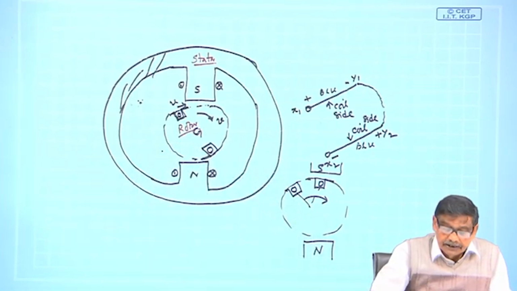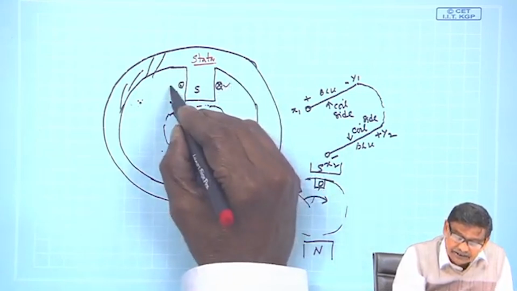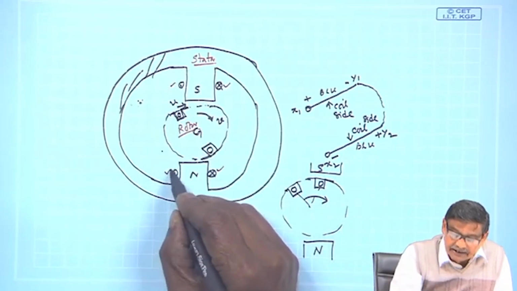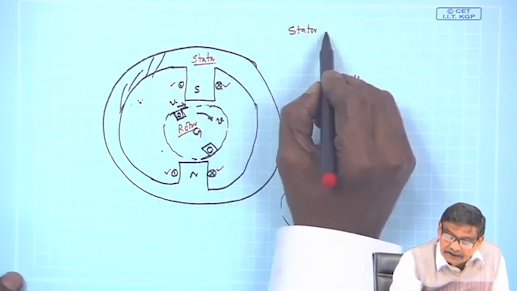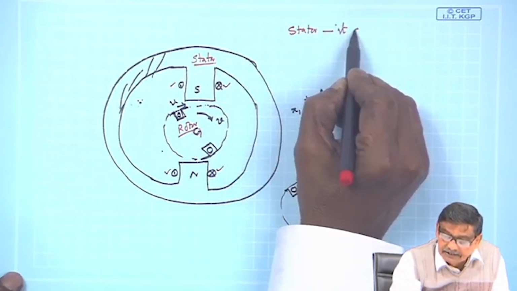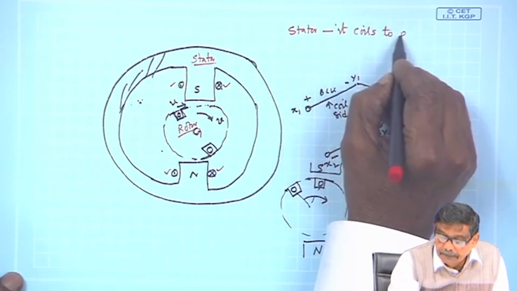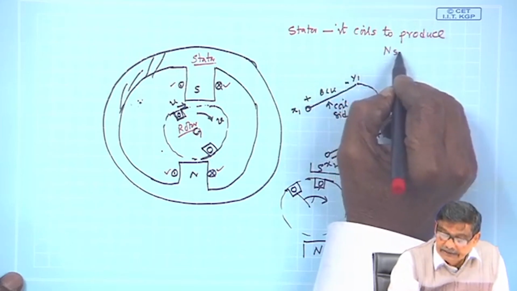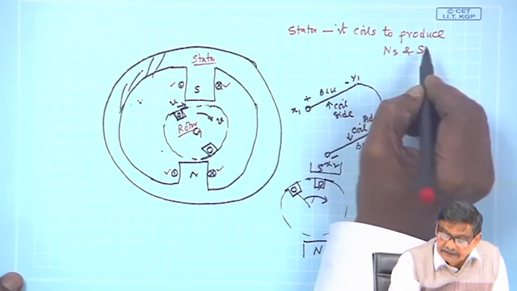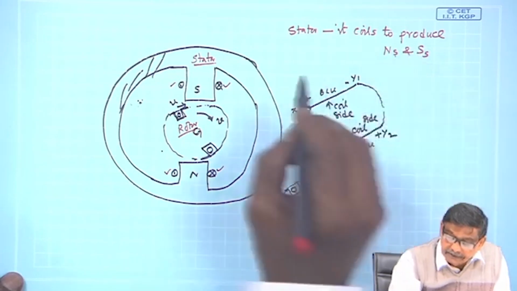The stator body will have some windings, for example, these coils carrying current. So, the stator is one part and it has coils to produce field, to produce NS and SS. What is this? North pole and south pole produced by the stator.